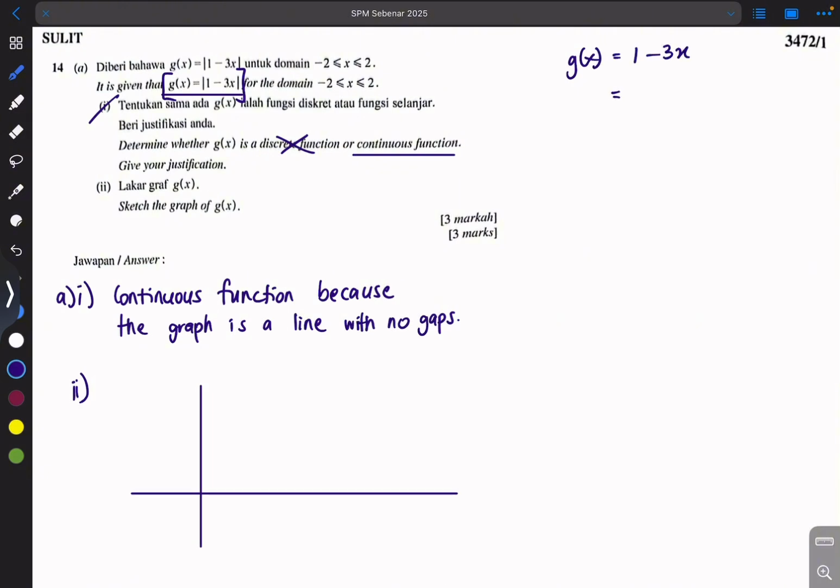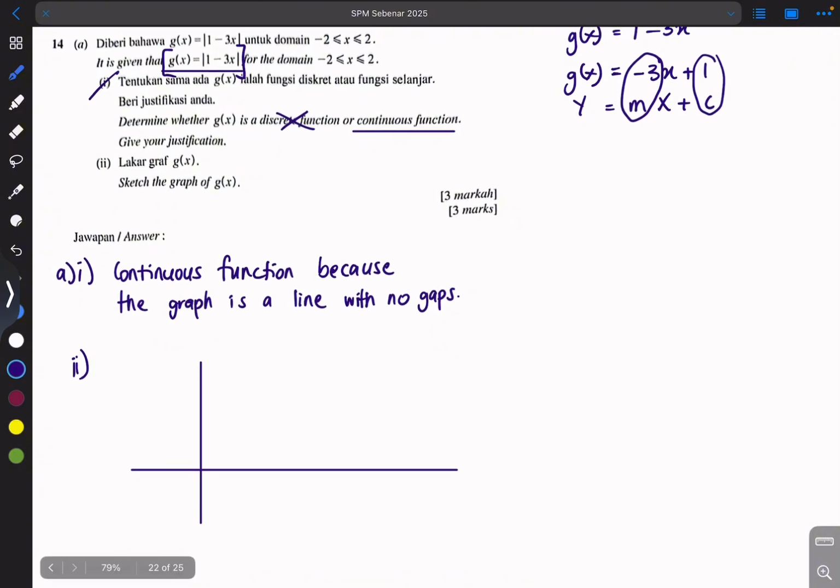If we rearrange it into the form of y equals mx plus c, g(x) is the y, and mx must be put in front. So y equals mx plus c. So our gradient is negative 3. Our y-intercept must be 1.